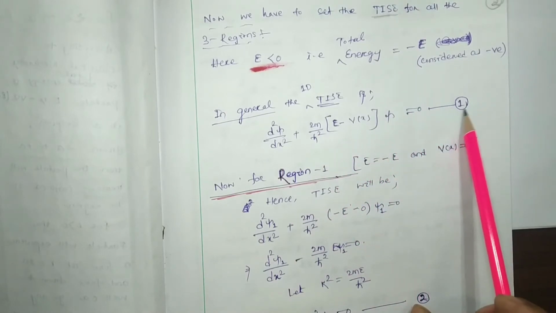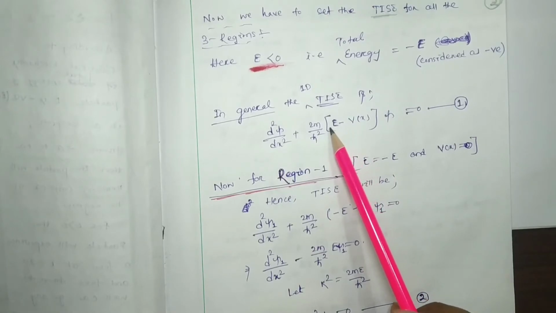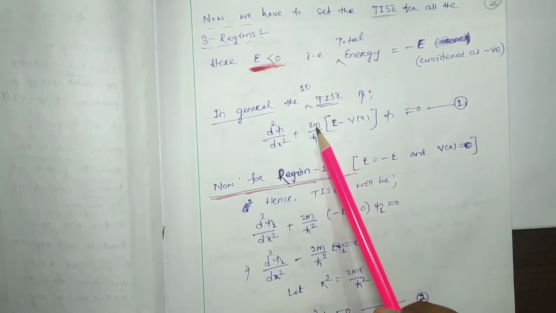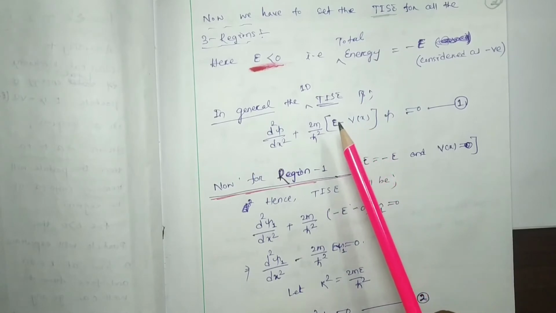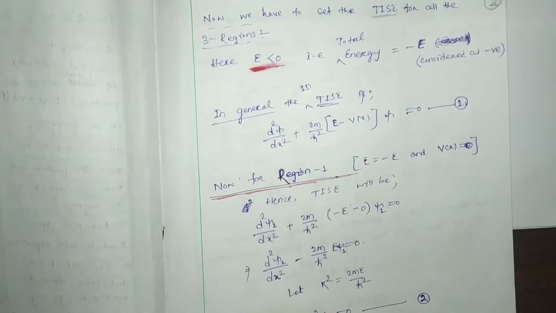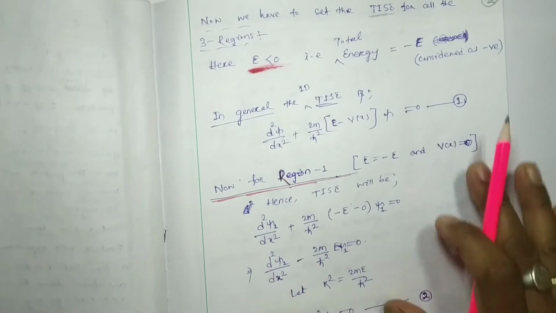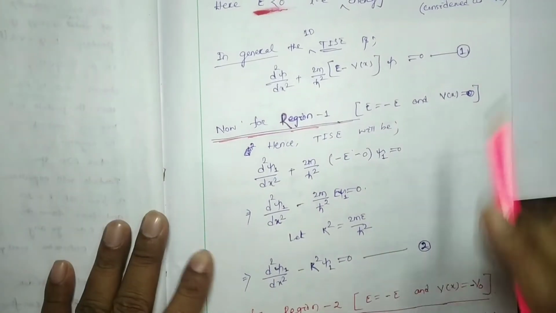Let it be equation number 1. Here E is the total energy of the particle, m is the mass, and Vx is the potential of the region.